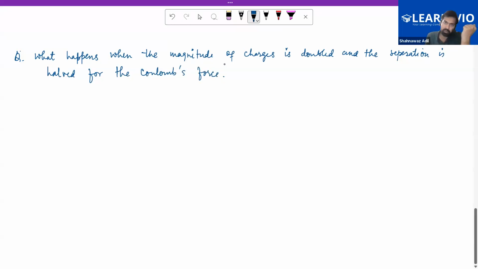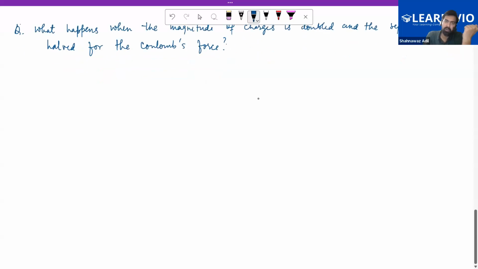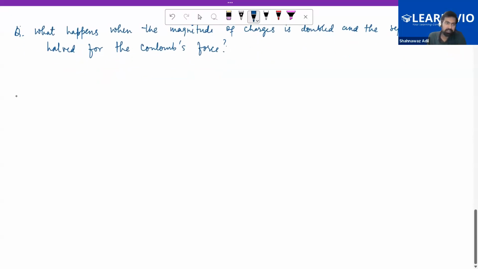Right, so we have two cases. One case is that we have two charges, let's say Q1 and Q2. Separation is R. So force is simply K Q1 Q2 divided by R square.